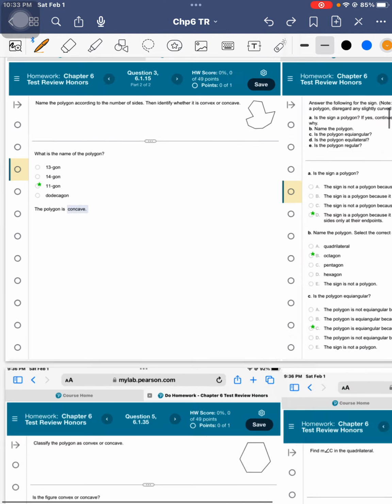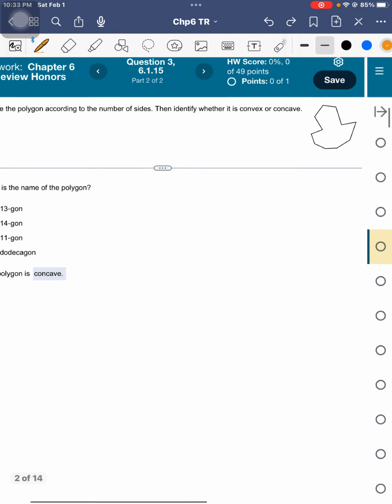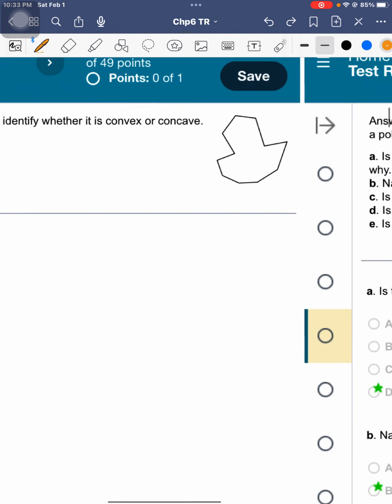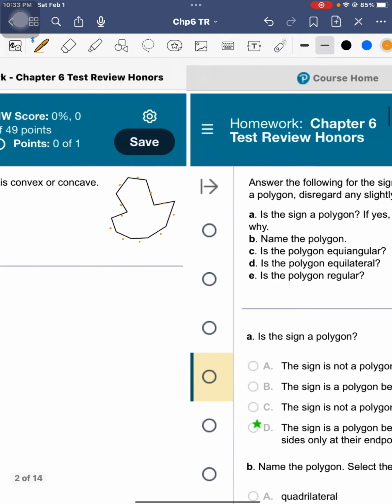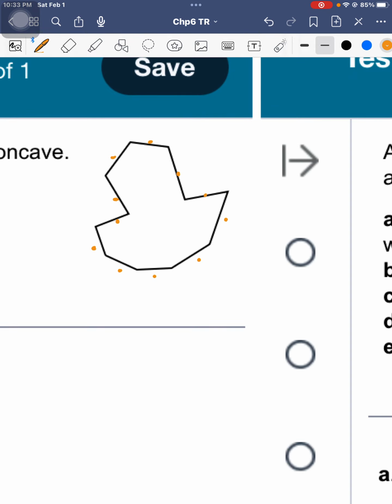All right. Let's look at this. Name the polygon. Same thing. So 1, 2, 3, 4, 5, 6, 7, 8, 9, 10, 11. So it's an 11-gon. Remember, if it's anything 11 or 13, 14, 15, the one that we stop at is this dodecagon, which is 12. Okay, and it is concave because, yeah, this side would be fine.